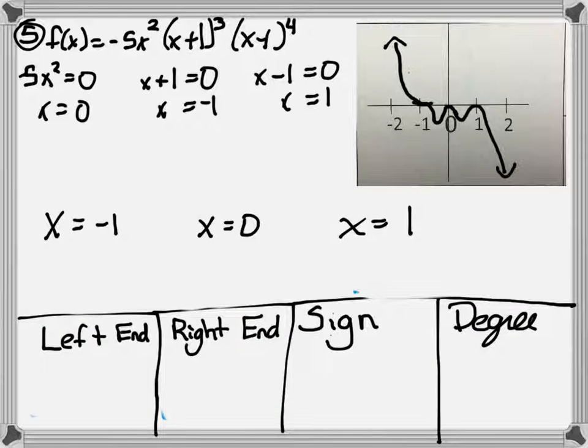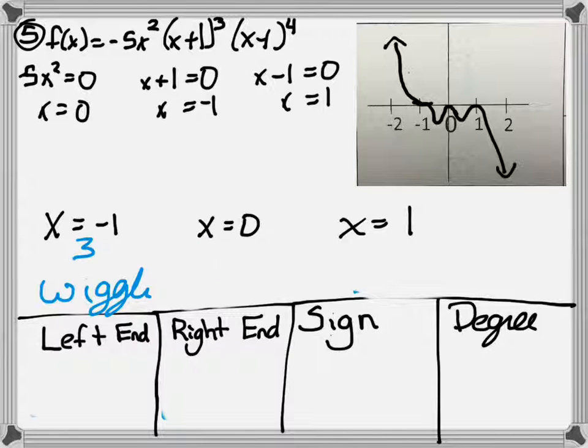So question 5. We're going to set -5x squared equal to 0 and get a 0. X plus 1 equals 0 gives you a -1. X minus 1 gives you a +1 when you set it equal to 0. So at -1, what was your exponent? 3. Is that a bounce, wiggle, or cross? Wiggle. At 0, was it a bounce, wiggle, or cross?